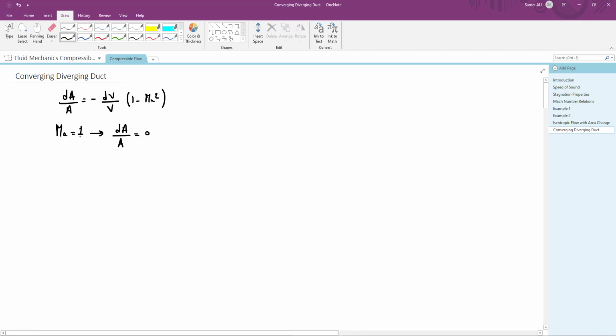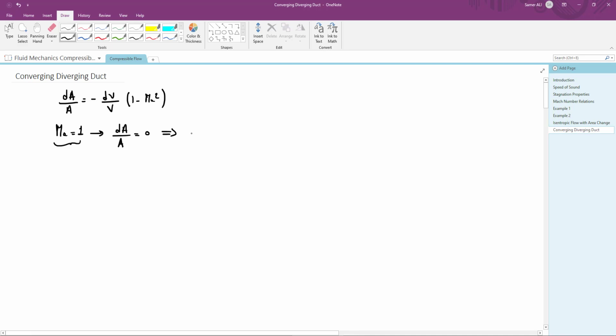So in fact now we can say that the sonic condition, Mach number equal to 1, will happen when the derivative of the area is equal to 0. And we know of course that when the derivative of a certain quantity is equal to 0, that means that this quantity is either a minimum or a maximum value. So here we can say that the sonic condition will happen either at the minimum area or at the maximum area.